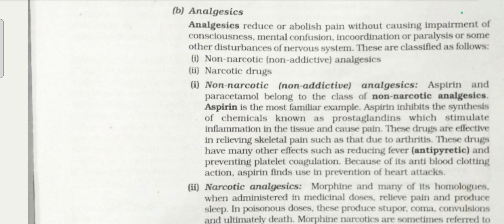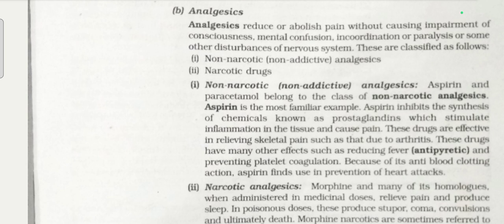Non-narcotic, non-addictive analgesics. Aspirin and paracetamol belong to the class of non-narcotic analgesics. Aspirin is the most familiar example. Aspirin inhibits the synthesis of chemicals known as prostaglandins, which stimulate inflammation in the tissue and cause pain.